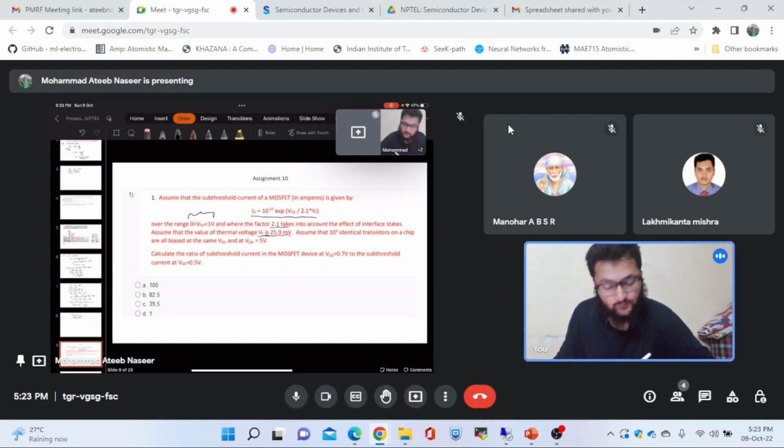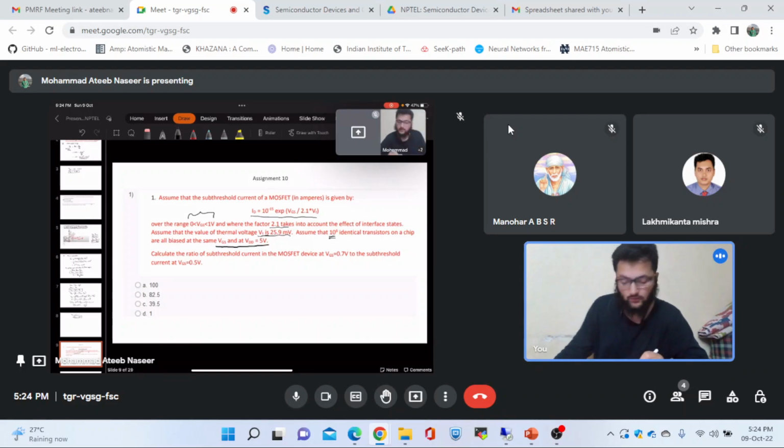It is 25.9 millivolts, and we have been told to assume that there are 10 to the power 6 identical transistors on the chip, and they are all biased at the same VGS and at the same VDD.